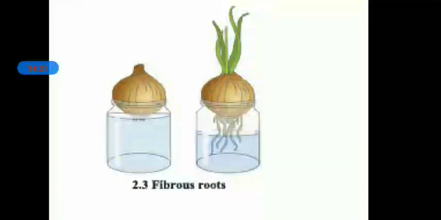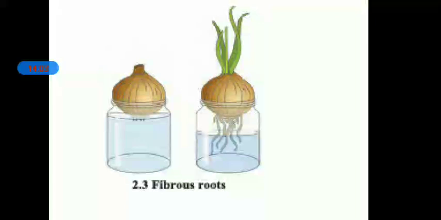Now one more experiment is given for you on page number 10, last paragraph. Sow the seeds of plants like mustard, sorghum, that is jowar, maize, corn, pea, coriander in an earthen pot. Cultivate the plants for 8 days.